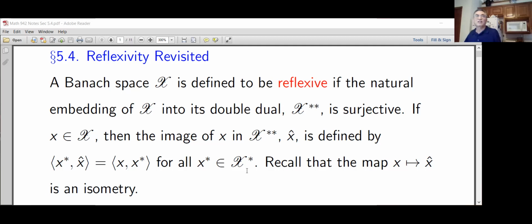So yeah, this we say it is an isometry. This comes from the statement I just said.